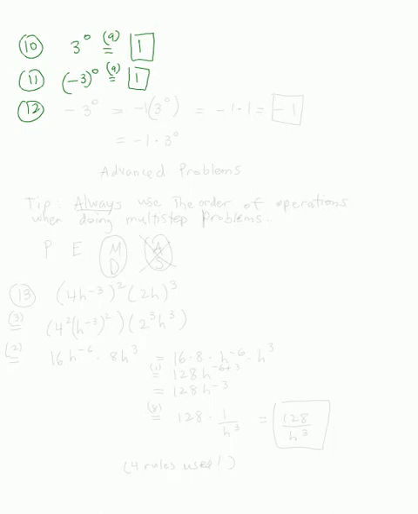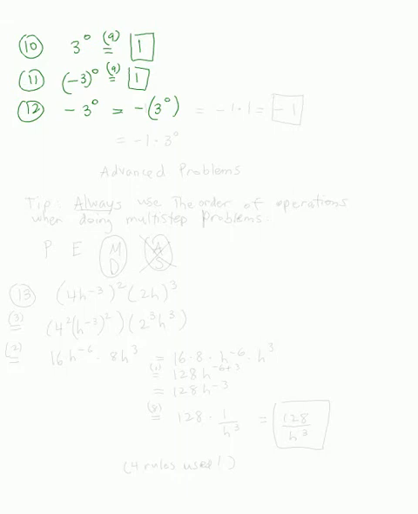Let's look at the following one. Now this is a tricky one. It looks very similar to the one before, doesn't it? It's very different though. The negative is not attached to the 3. Rather, what this actually means is take 3 to the 0 first and then make it negative.